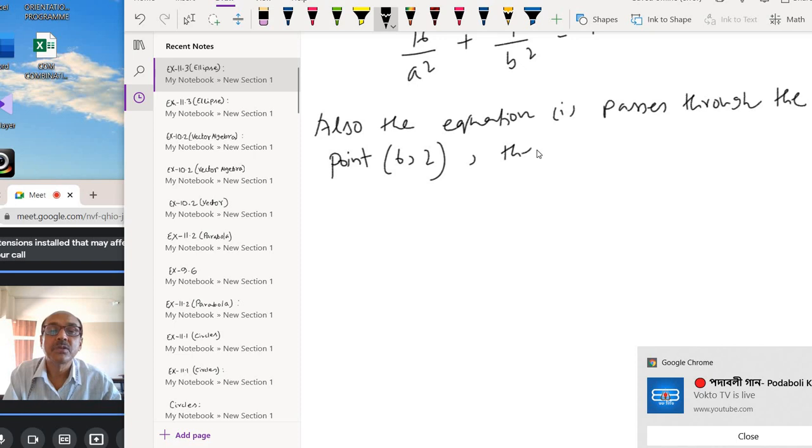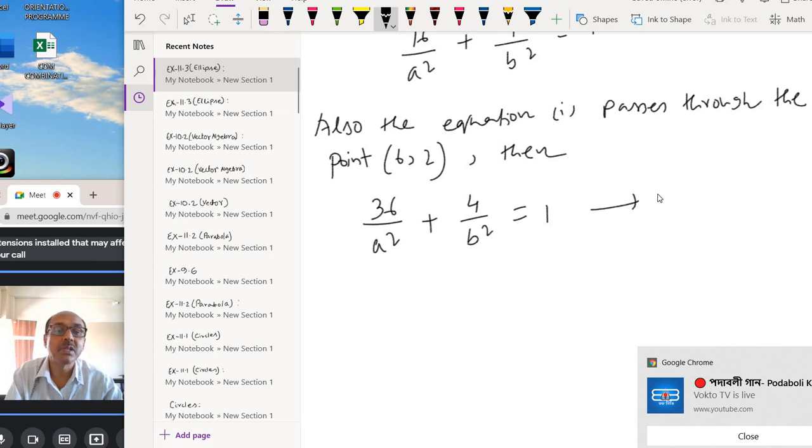Then put x equal to 6 and y equal to 2. So x equal to 6, so 36 by a square plus y equal to 2, y square, that is 4, 4 by b square equal to 1. Equation number 3.